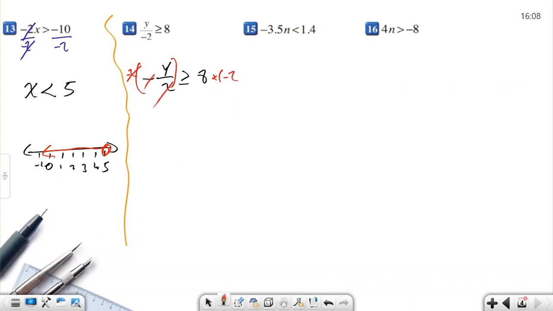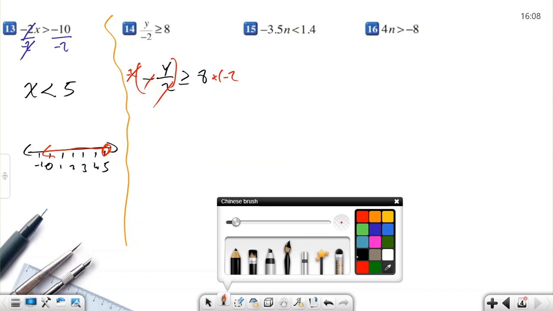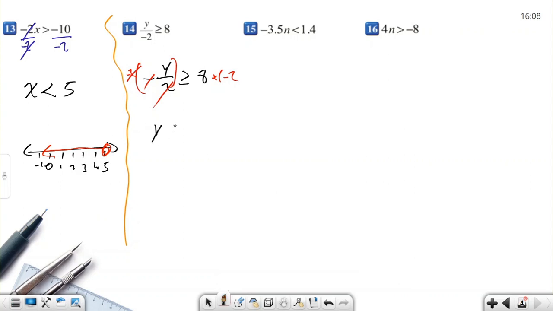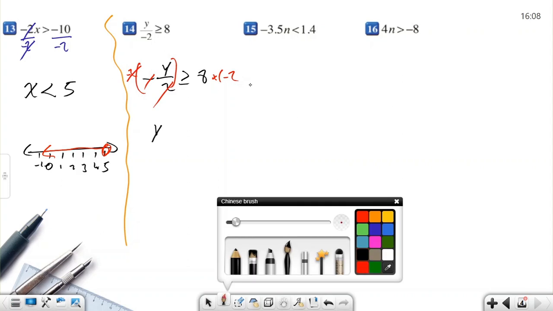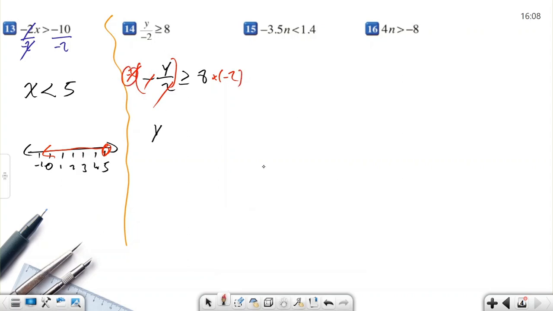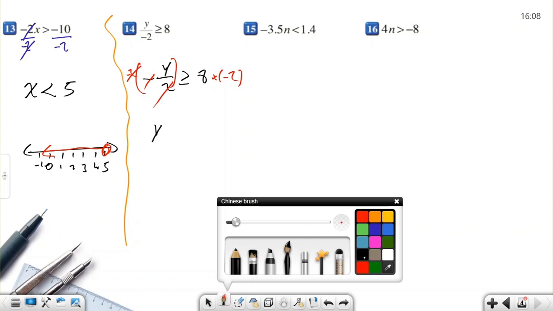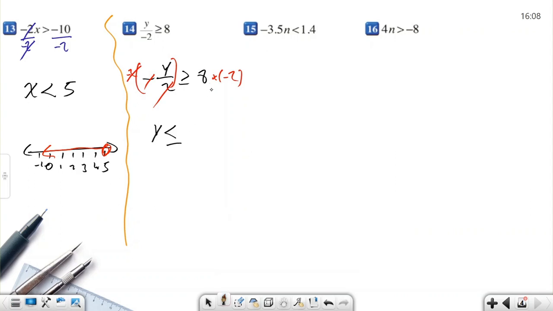Negative, negative, positive, 2 divided by 2 will be 1. So only y is here. Because I multiply both sides by a negative number, as you see negative 2 and negative 2, the inequality sign is going to change. So it's greater, now it becomes less than or equal to 8 times negative 2, negative 16.